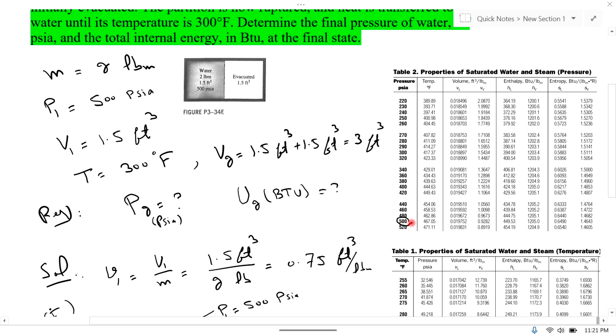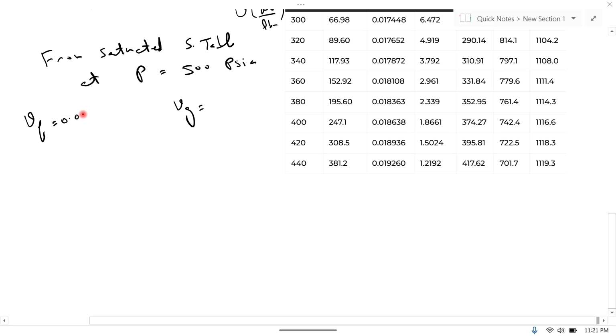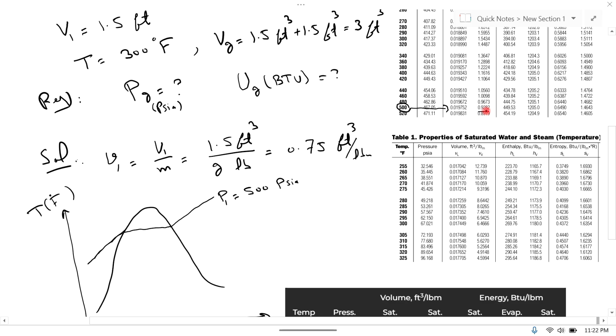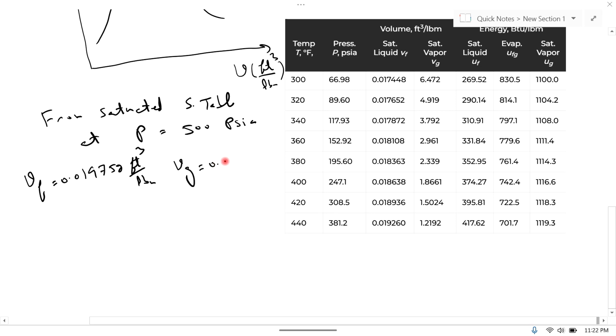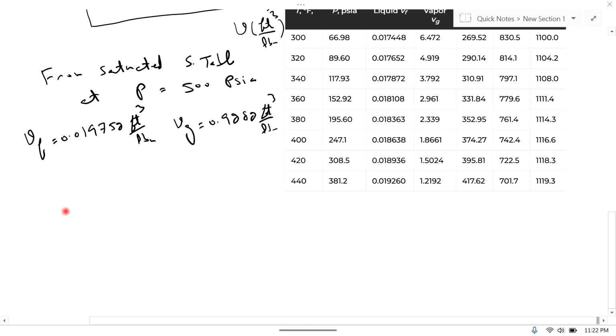At 500 psi, vf is 0.019752 cubic feet per pound mass, and vg is 0.9282 cubic feet per pound mass. And v1, which is given to us, is 0.75.